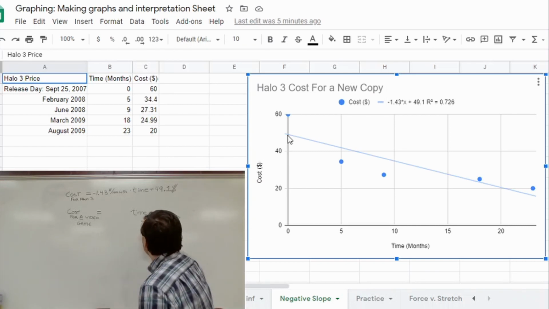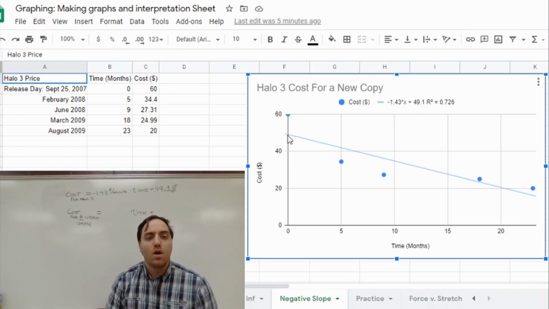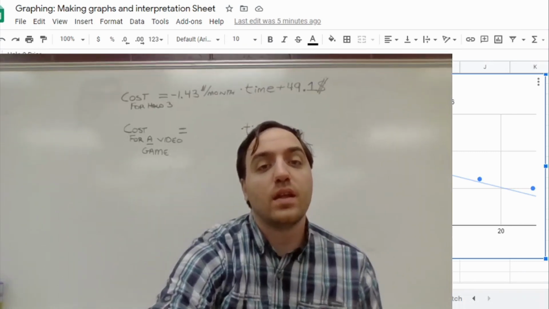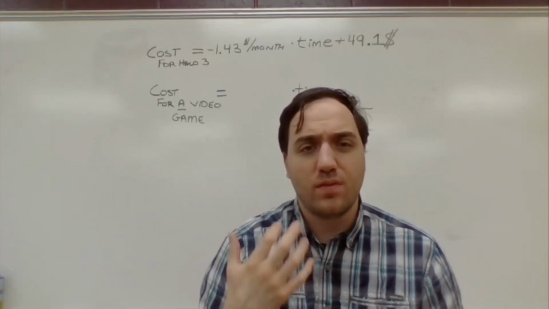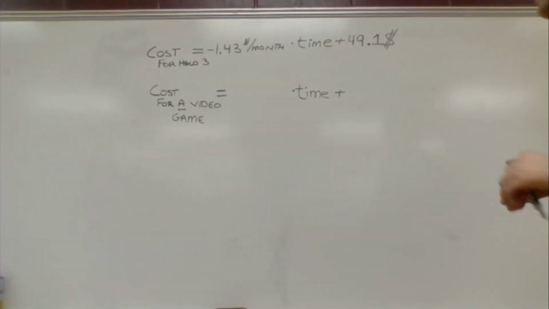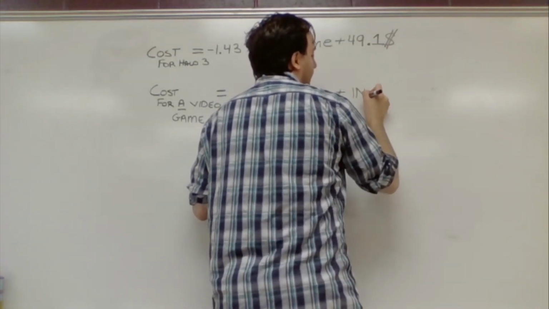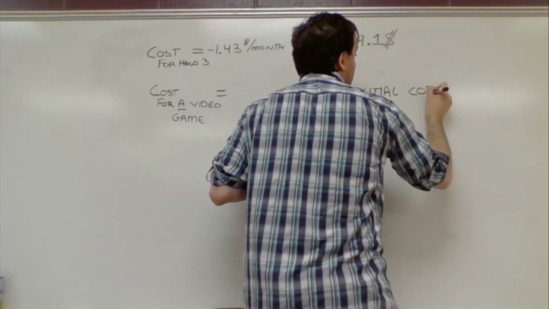So instead of saying 49.1, which is just for Halo or just the approximation, we can say that that's representative of the initial cost, or the initial condition. So this 49.1 is the initial cost.